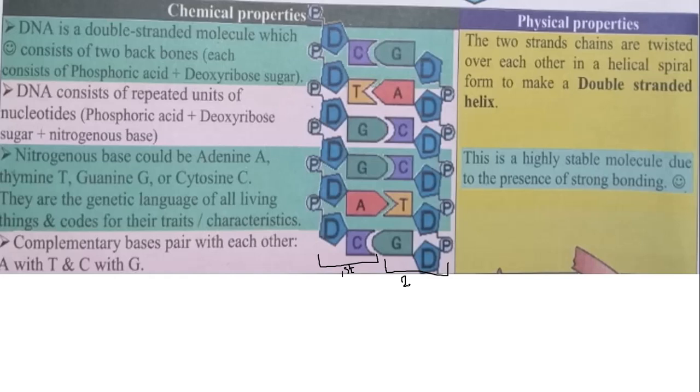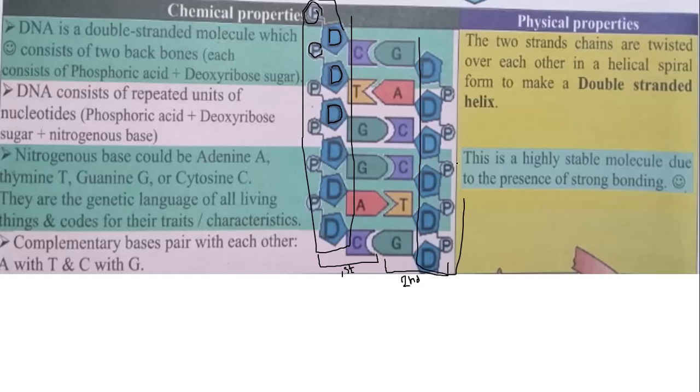The backbone is made up of acid, the phosphoric acid, connected by deoxyribose sugar, which is abbreviated by D.